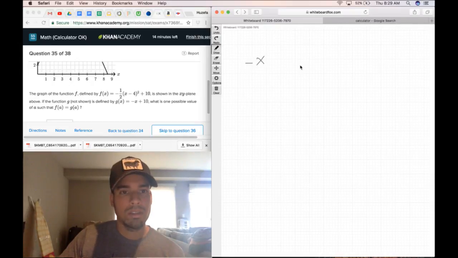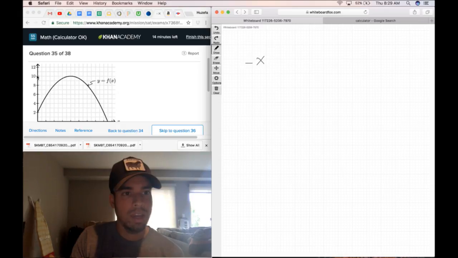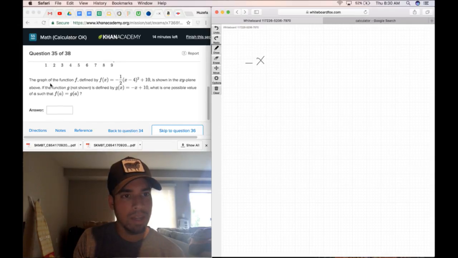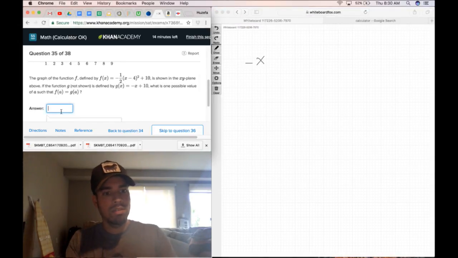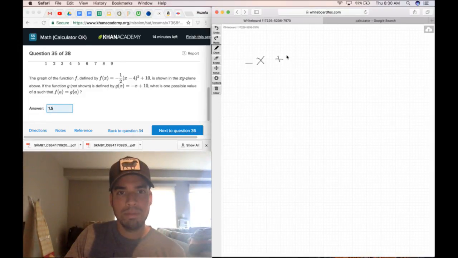I could also graph this, to be honest. It's 10, and then it drops down like boom, boom, boom. This is where it hits at 3, because it's just got a slope of negative 1 starting at 10. So it's at 1.5. a should be 1.5. But I'm going to do it algebraically just to be safe. We got plenty of time.